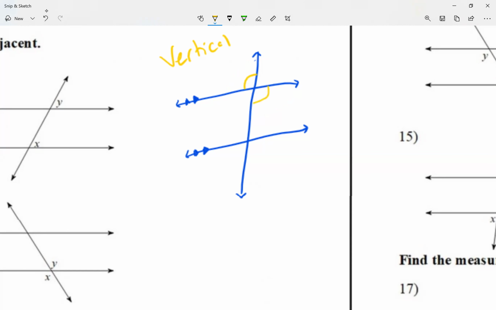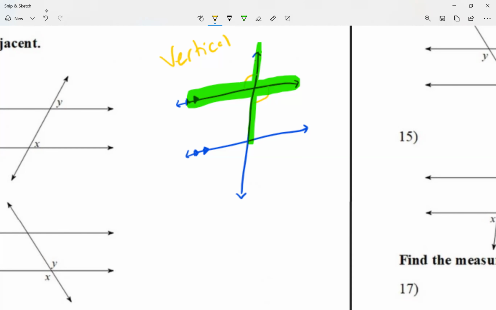Two vertical angles are created when there's an X form. The vertical angles are the angles that are opposite from each other. Opposite in geometry means far away. Every time there's an X form, angles that are opposite from each other are what we call vertical.